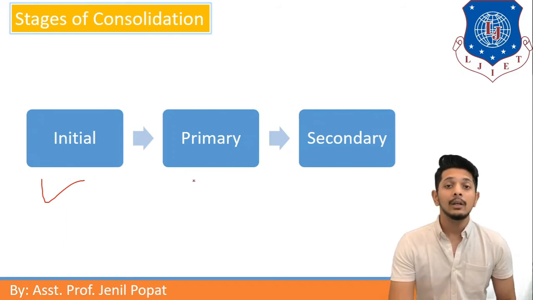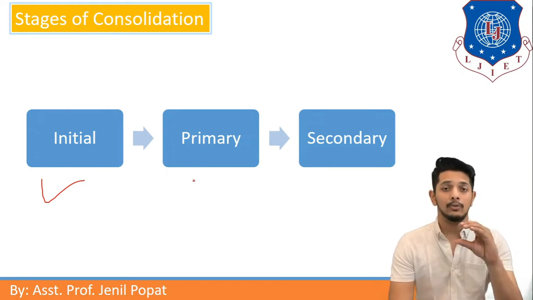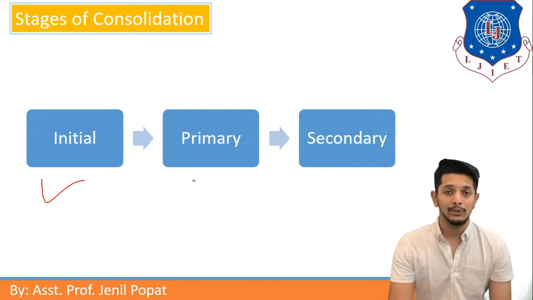After initial consolidation, further reduction of volume of soil mass is known as primary consolidation.